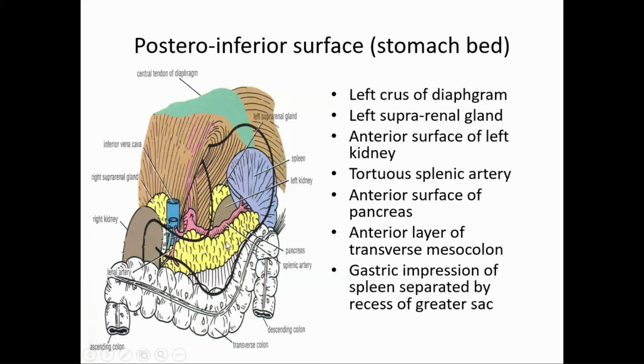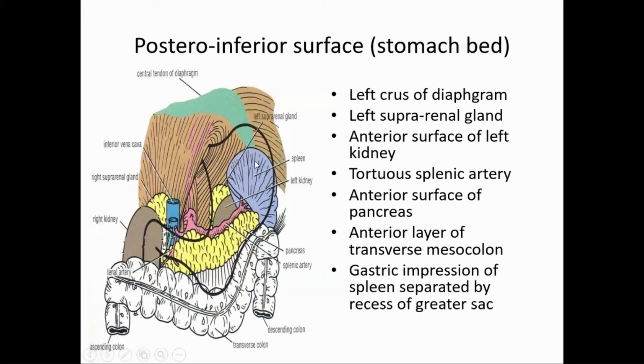The structures which are the relations of the posterior inferior surface lie behind the omental bursa, except the gastric impression of the spleen, which is separated by the cavity of the greater sac.